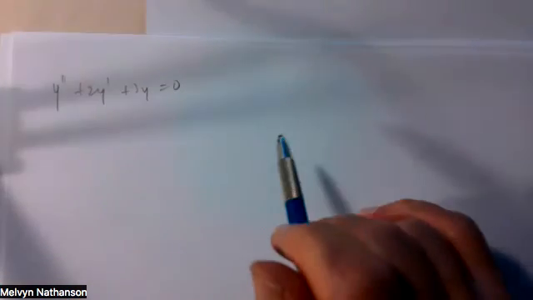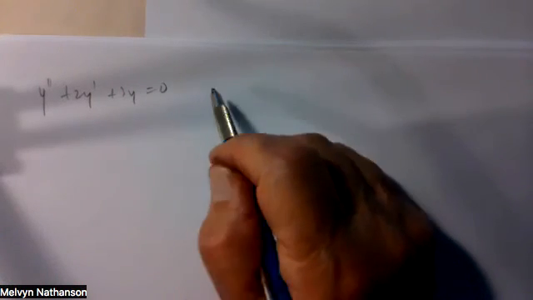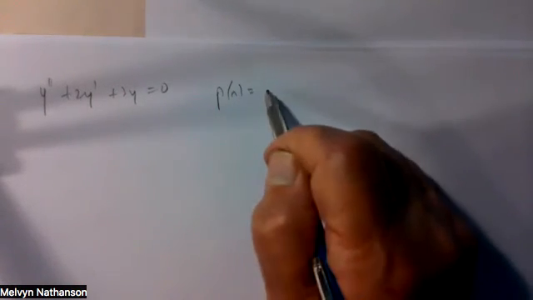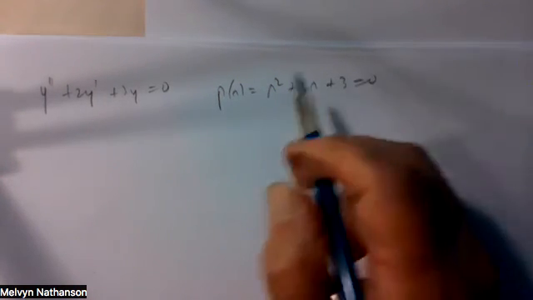Let me do just one or two examples. I just make up numbers at random, say y double prime plus 2y prime plus 3y equals 0. How do we solve this equation? So we have the quadratic equation r squared plus 2r plus 3 equals 0.